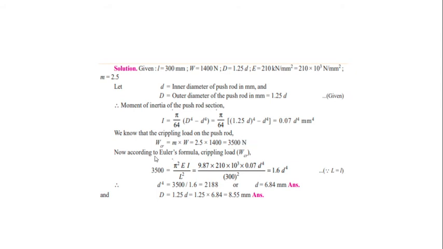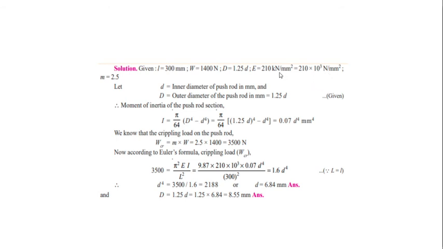Next, by using Euler's formula, we can find the diameter. The formula is W_cr equal to pi squared EI divided by L square. You can put either small l or capital L, both are the same. W_cr is the crippling load we already found, 3500, then pi squared is the constant, then Young's modulus we need to substitute in Newton per mm square.